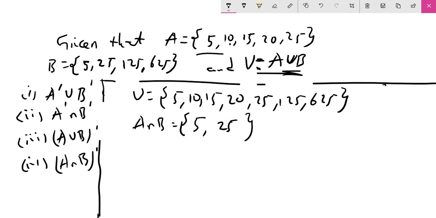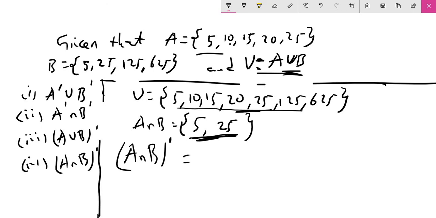Now we have to find the complement of that. What elements are absent within the set, but can be found inside the universal set? You guessed it, so it's starting from 10, 15, 20, 125, and 625.